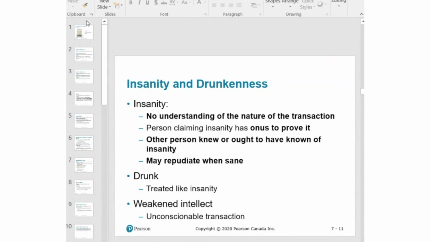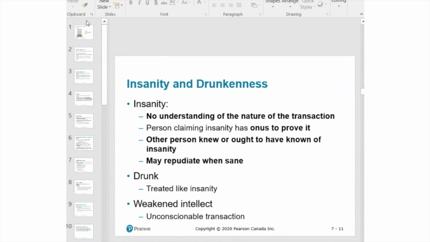And yes, the first one is to prove you were either intoxicated or insane. But the second requirement is very important. The other person, the person you entered into the contract with, that company, they need to know you are insane or intoxicated, or they should have known.